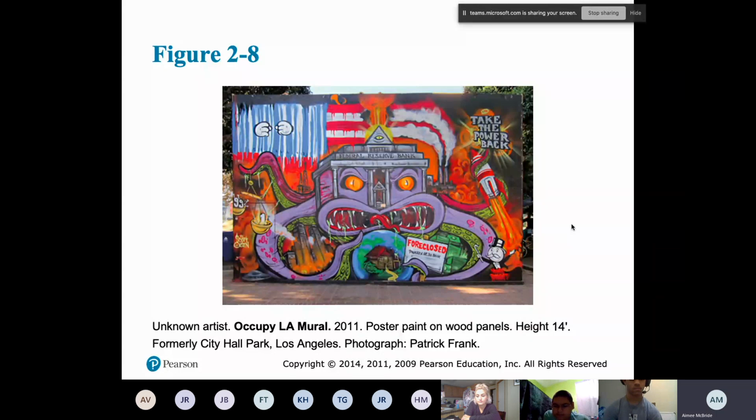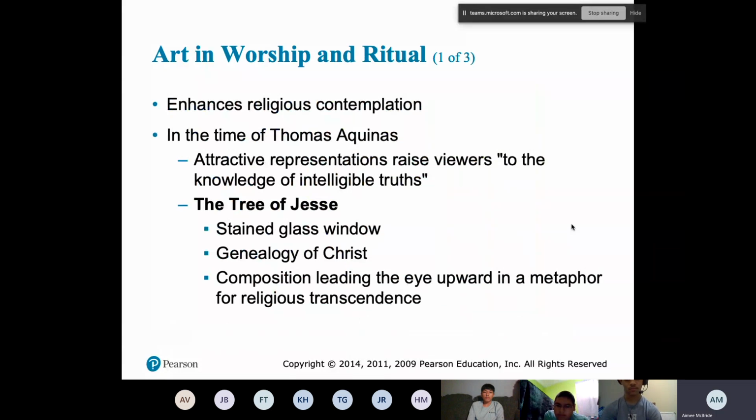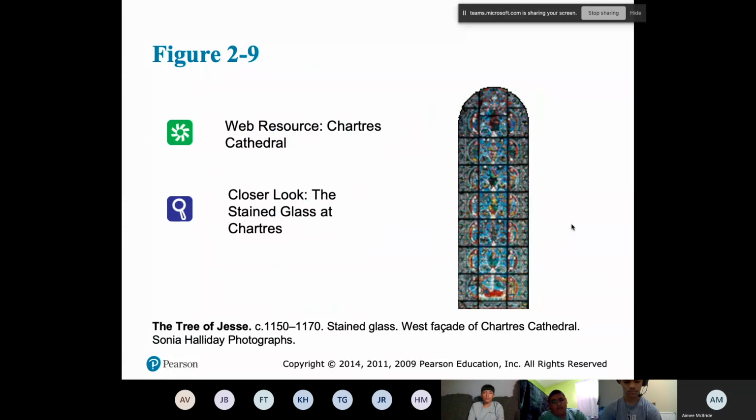Eastern religions are a lot harder for us to grasp, so we might end up spending some more time talking about those just because it's harder for us to understand the ritual and significance of those images. So just don't be surprised when I speed through the Western religion ones.